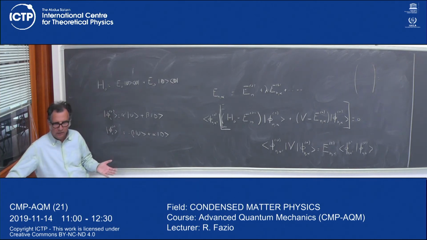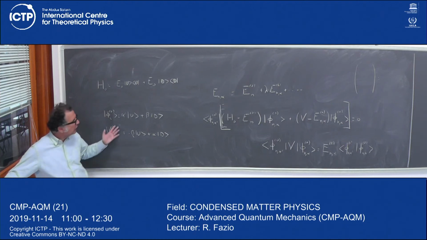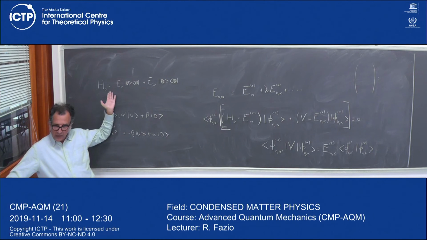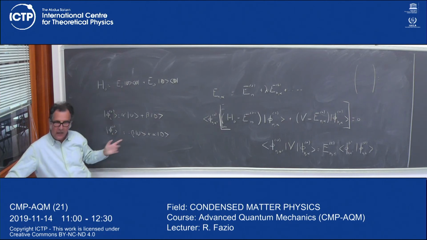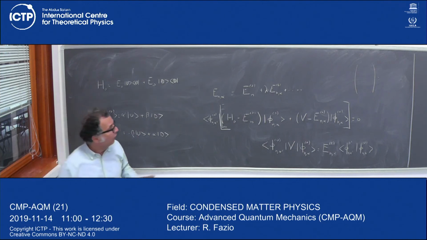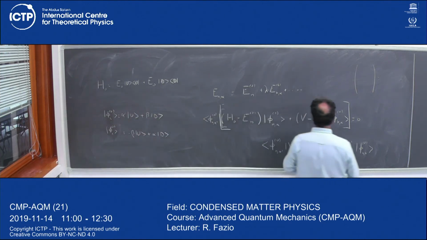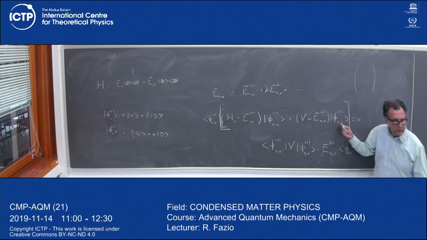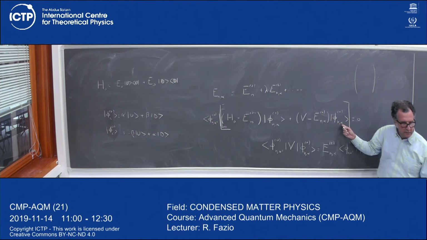Let's put it this way. I'm asking, out of these infinite possible equivalent solutions for H0, is there a special basis that will give me directly the first order correction? Yes. This is the question, okay? I don't know yet what the choice is.